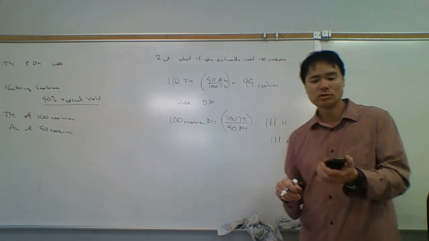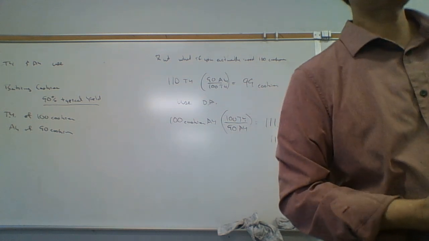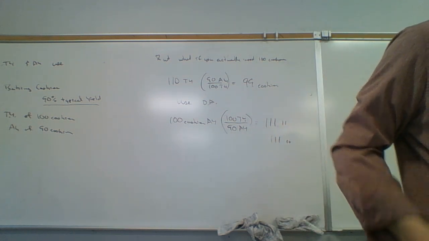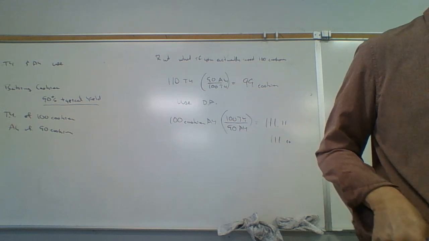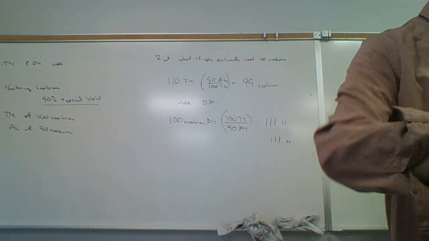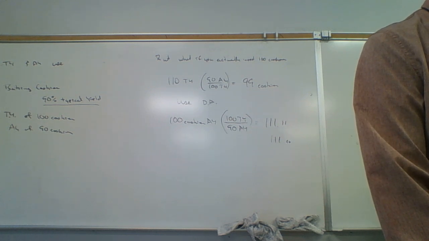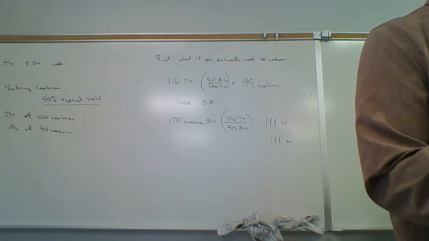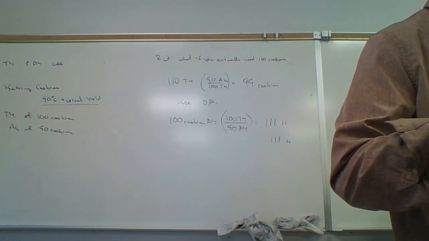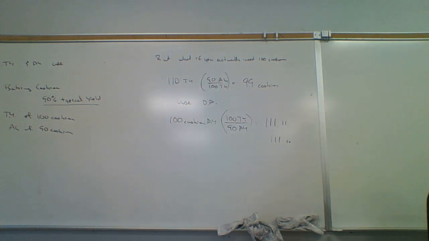So that's how we would do this. This happens in chemistry too, because you don't want to scrape every last bit. You say, well, okay, I can leave that, because scraping is going to take hours. Is it worth it? Sometimes it's not worth it. So if you need a certain amount, you have to compensate for that loss. And this is what this problem is doing here.